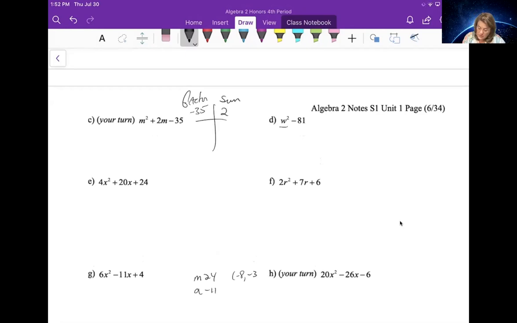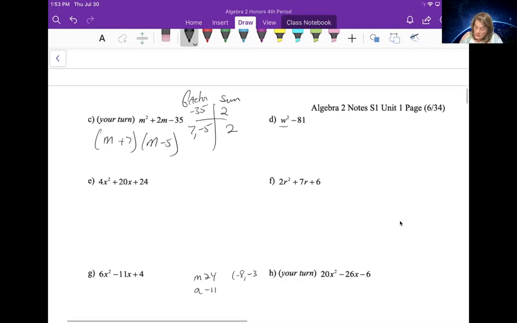So my positive number is going to be greater than my negative number in that situation. You can go through all the different factor combinations, but -5 and 7 add up to +2. So there's my winning combination. And so I would have the quantity of m plus 7 times the quantity of m minus 5, okay?